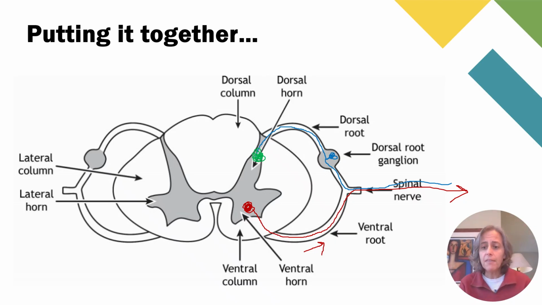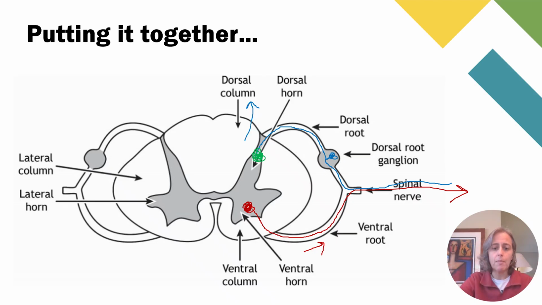Now, some of that information is going to go up to the brain. So from here, some of that sensory information is going to be going up through axons that go up from this level of the spinal cord through those columns. And of course, the motor information, like if I'm purposefully flexing my fingers, that's coming from my brain.